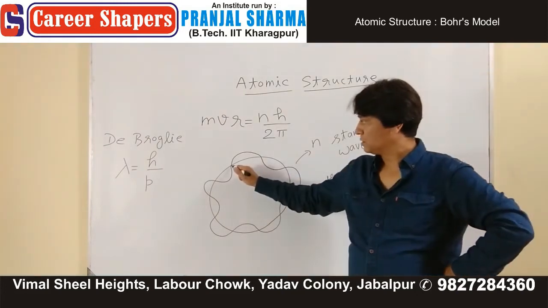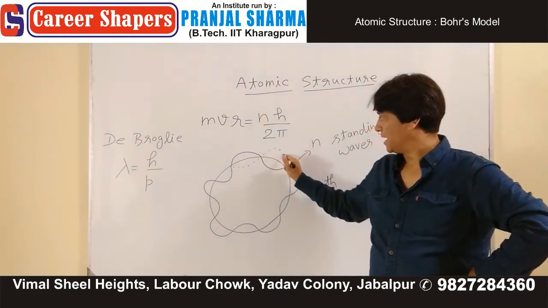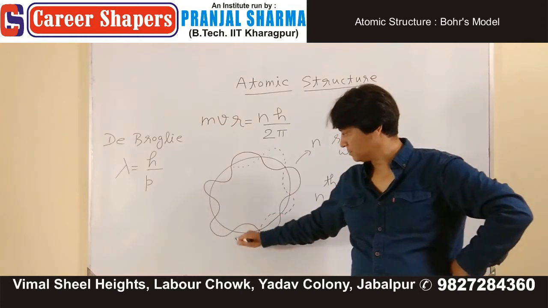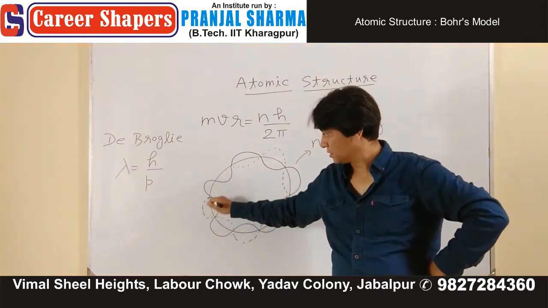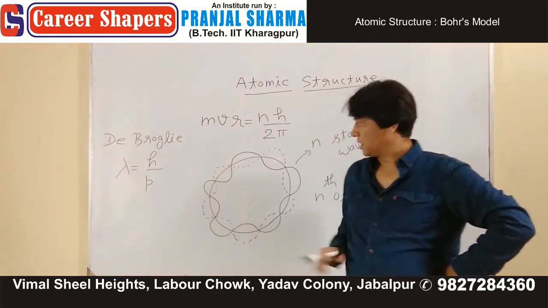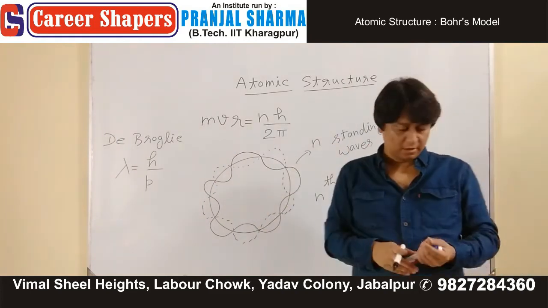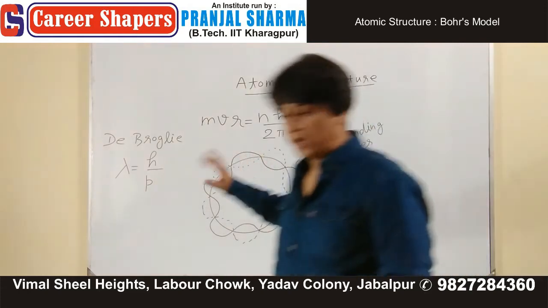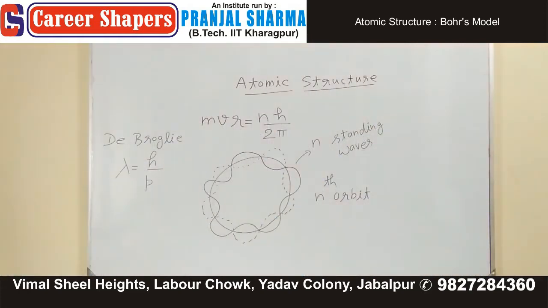When we show standing waves, we show them in this form. And what the whole picturization is, it's not in 2D, the thing is in 3D. It's something like this.